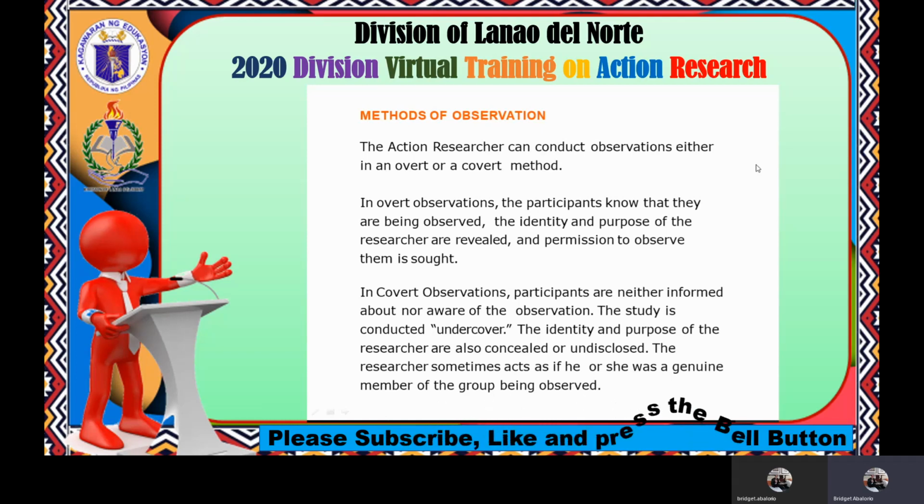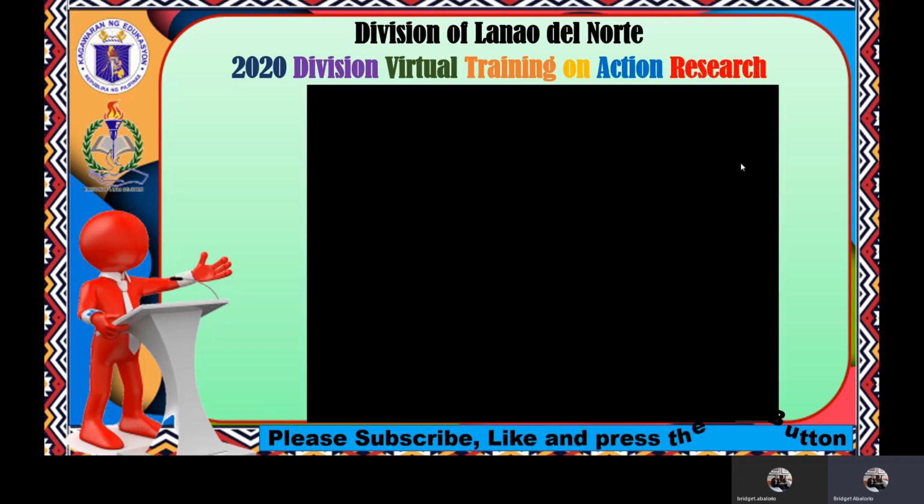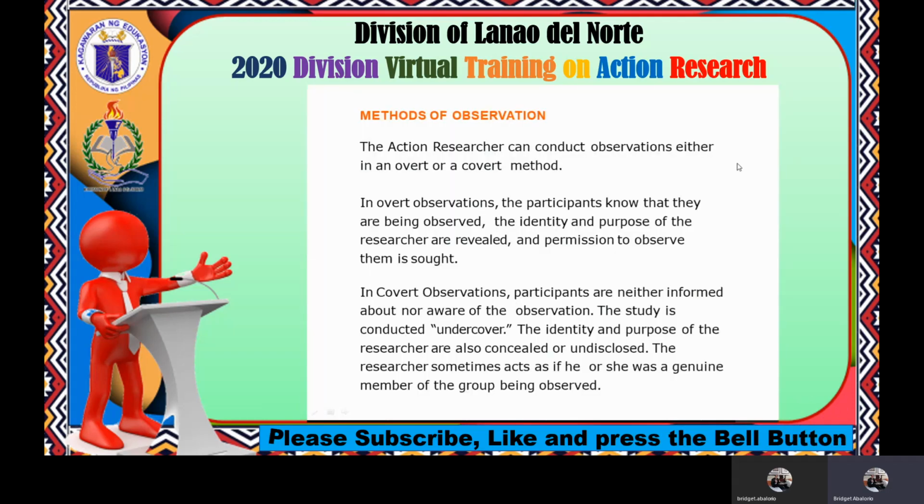While in covert observations, participants are neither informed about nor aware of the observation. The study is conducted undercover. Sikreto ra jud ni siya, dili pwede i-reveal. The identity and purpose of the researcher are also concealed or undisclosed. Secret lang jud siya.